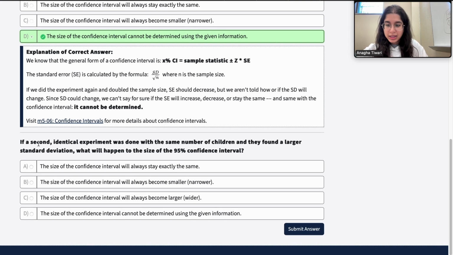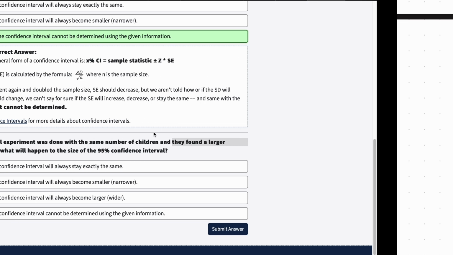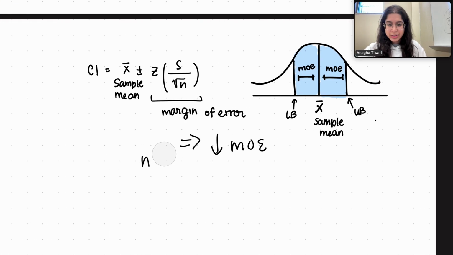confidence interval. And then here, if a second identical experiment was done with the same number of children and they found a larger standard deviation, what will happen to the size? So here we're dealing with the same n, the same sample size, but there's a larger standard deviation. So what does this mean?